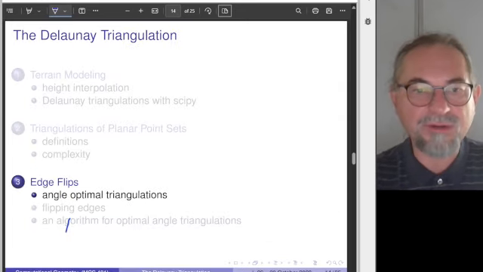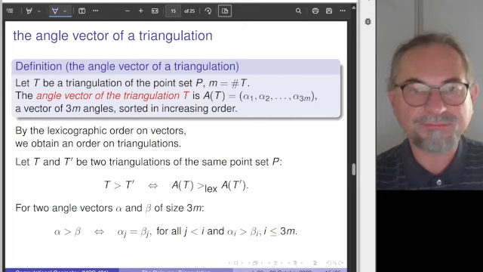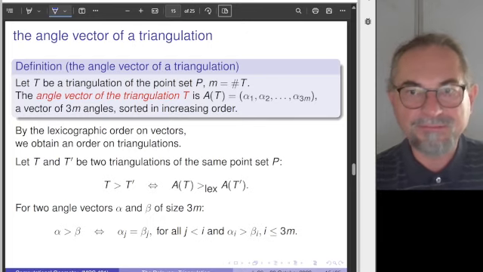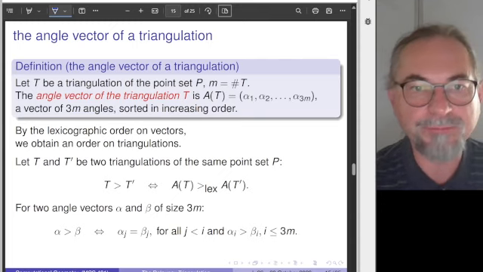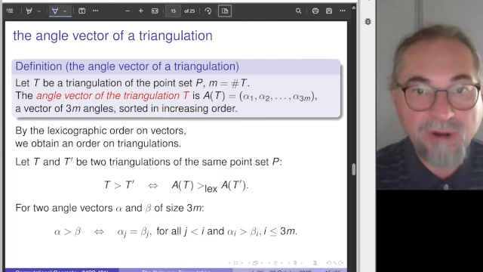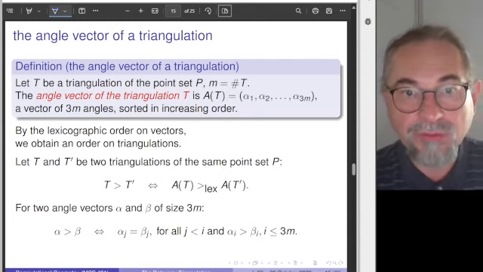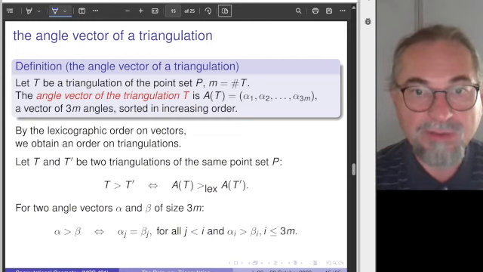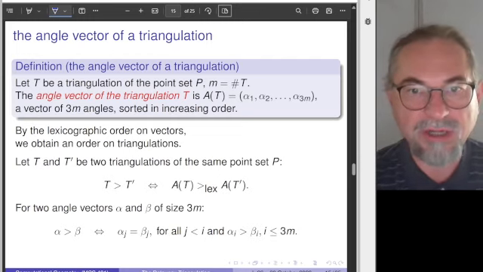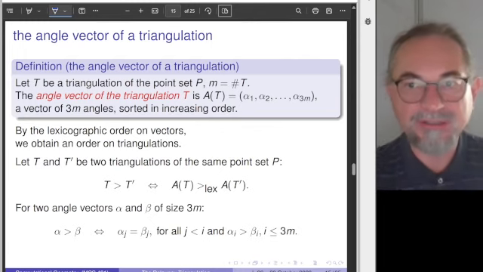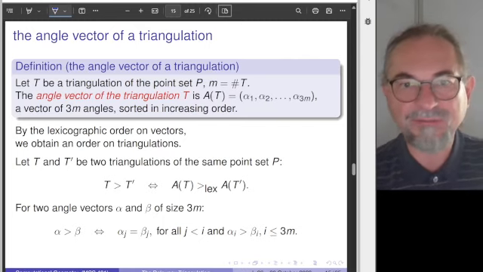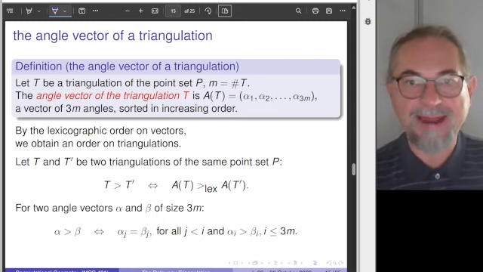Let's now look at the angles. Let's get at an optimization problem. For any triangulation, you can look at all the angles. You look at all the triangles. Every triangle has 3 angles inside, so you have 3 times m angles.